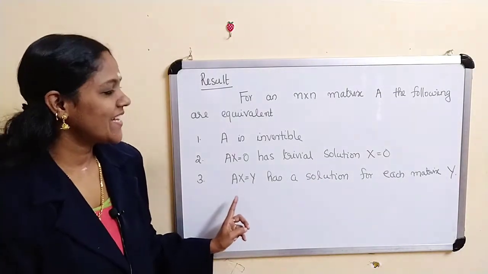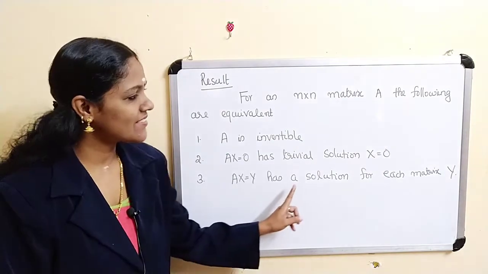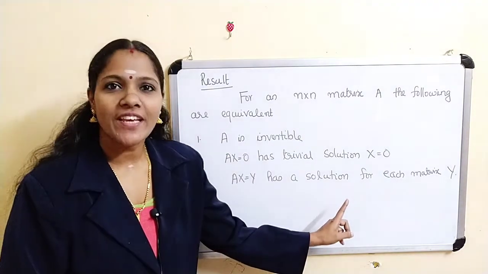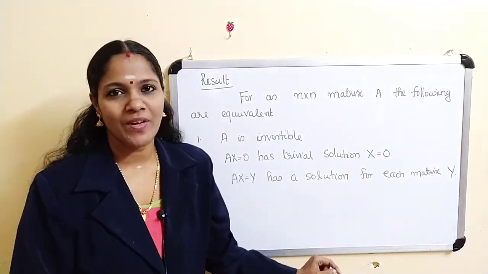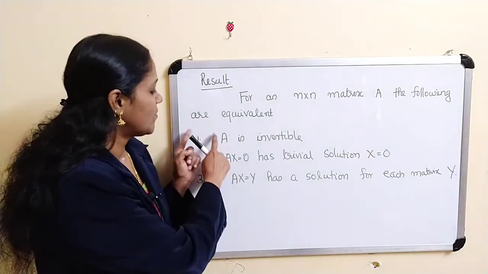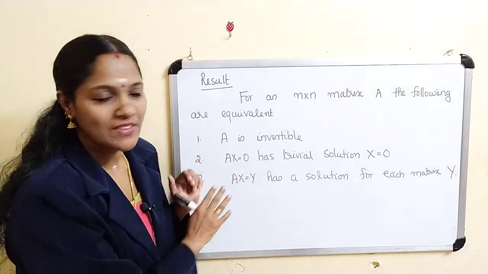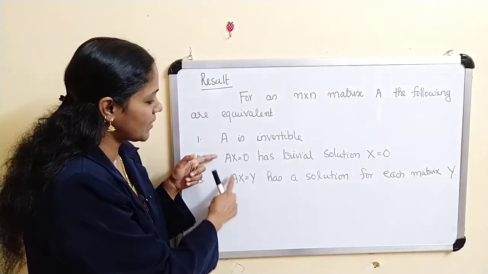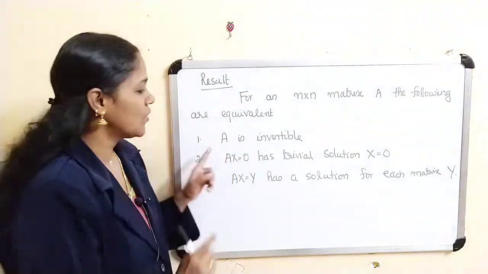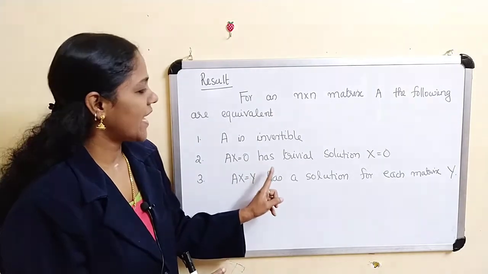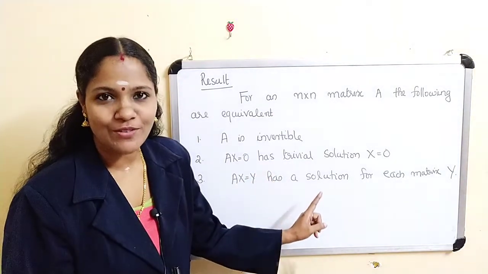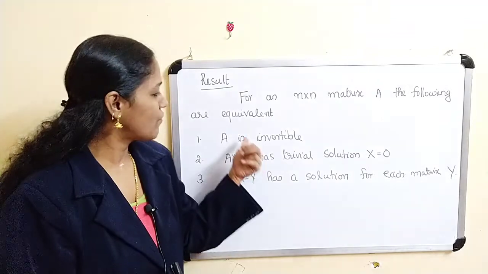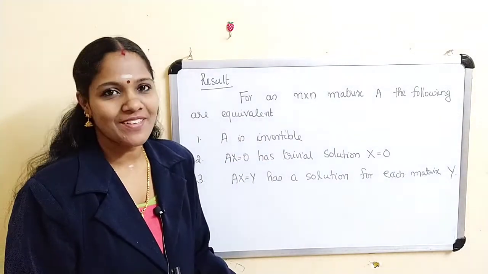And third, Ax equal to y has a solution for each matrix y. So, A is invertible means these other two conditions hold. These three conditions are equivalent, meaning each implies the others. So we are using this result, Ax equal to 0 has the trivial solution x equal to 0, for proving A is invertible in our theorem.